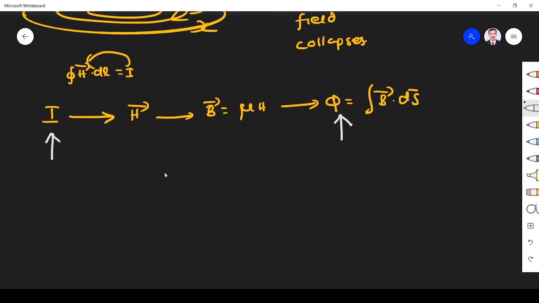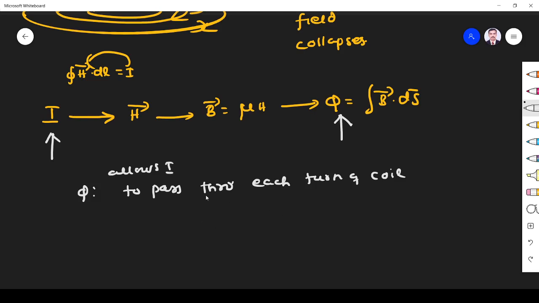Now this flux allows current to pass through each turn of the coil.